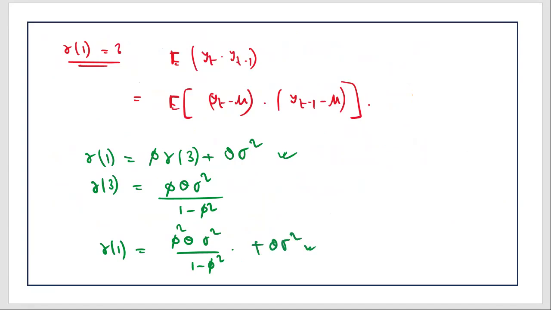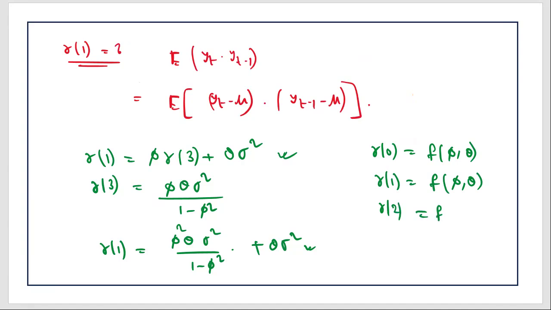So now you individually have all the values. What is gamma naught in terms of phi and theta? You have the value of gamma 1 in terms of phi and theta. You have the value of gamma 2 again in terms of phi and theta. Gamma 3 value in terms of phi and theta.